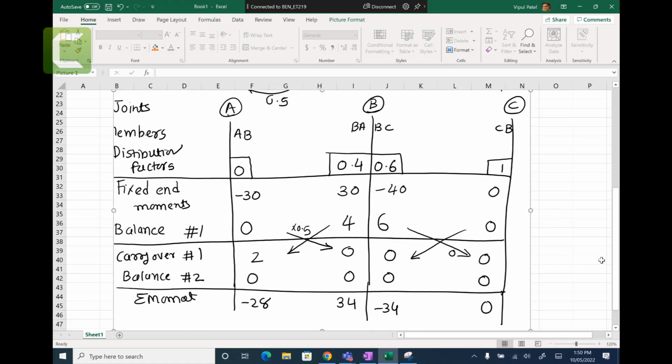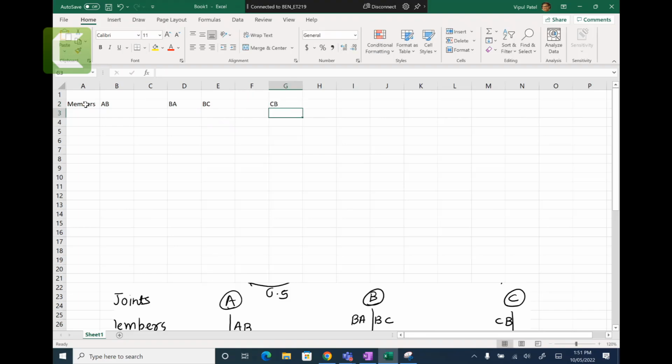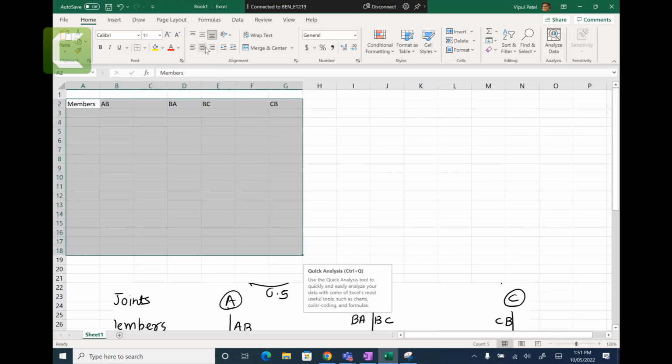What we do, first, don't worry about the joints. We'll start with members. Let's write members. We have member AB. Just look at here, member AB. Then we have one gap. So leave one gap, and let's say member BA and member BC, and there is a gap. Let's leave one gap, and let's write CB. And let's put this one in the center.